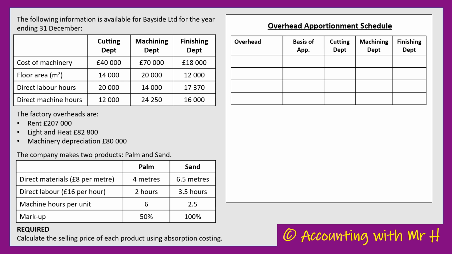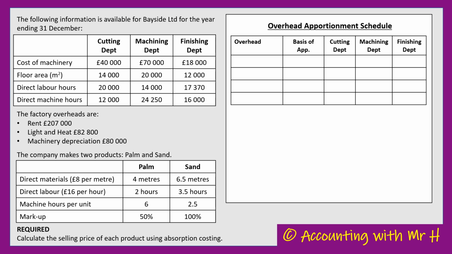And I've been given some information about each department, the cost of the machinery in each department, the floor area in square meters, the direct labour hours and the direct machine hours used over the year in each department. I'm then being told the factory overheads are rent, light and heat and machinery depreciation.